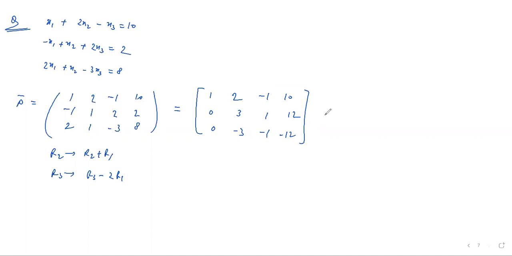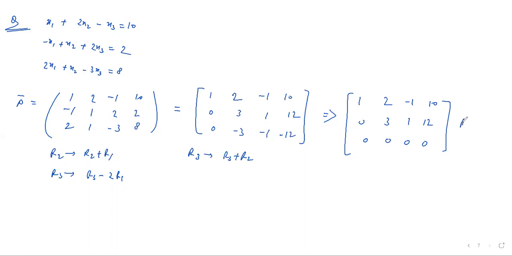Now apply R3 plus R2, and we get 1 2 minus 1 10, 0 3 1 12, 0 0 0 0. Now let's reduce this to the canonical form. For reducing this, we will divide R2 by 3.